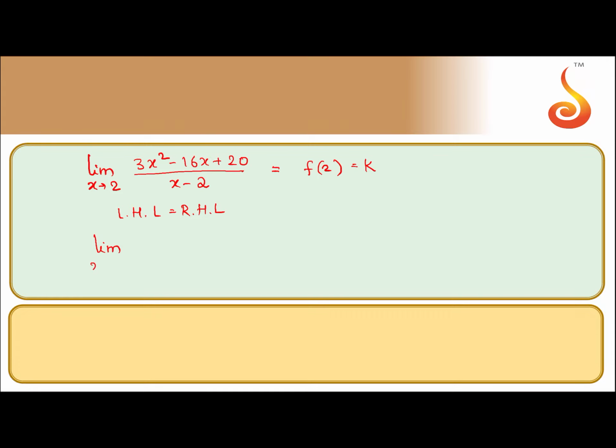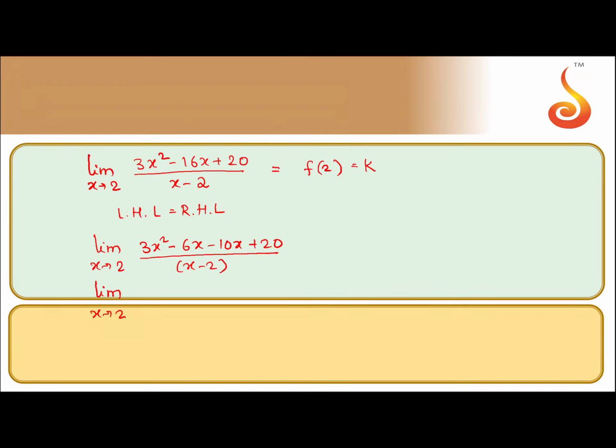Perfect. Now, limit x tending to 2, (3x² − 6x − 10x + 20)/(x − 2). So what we get?